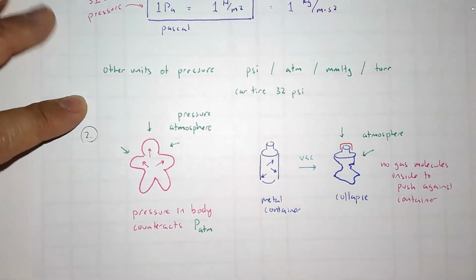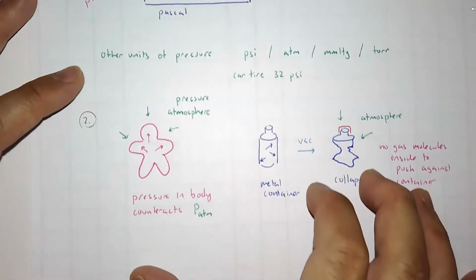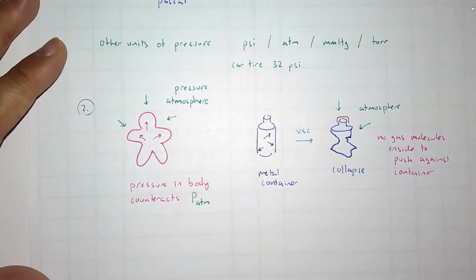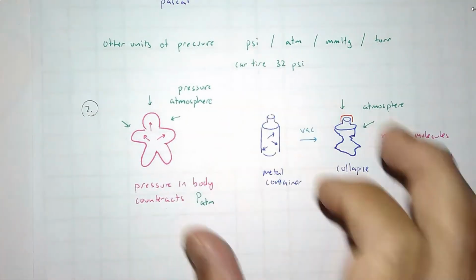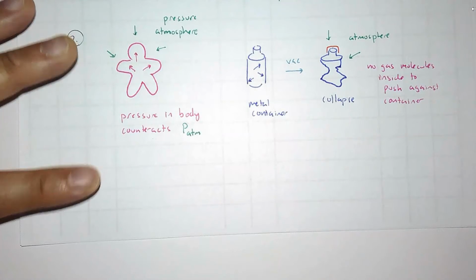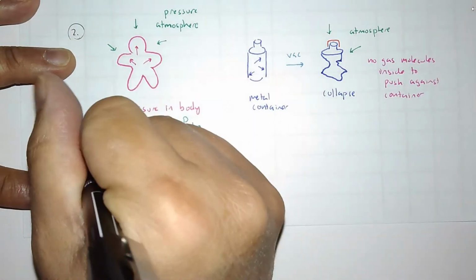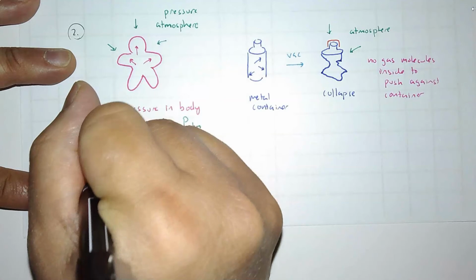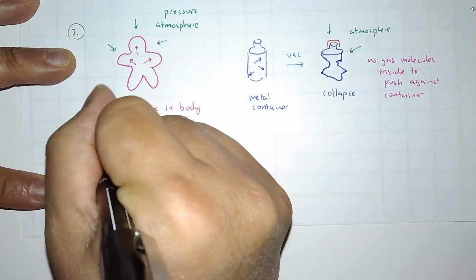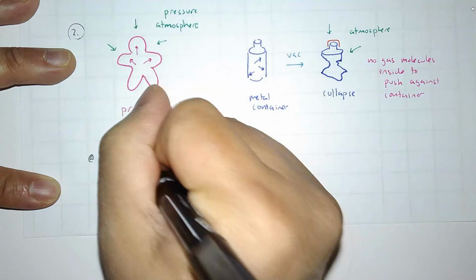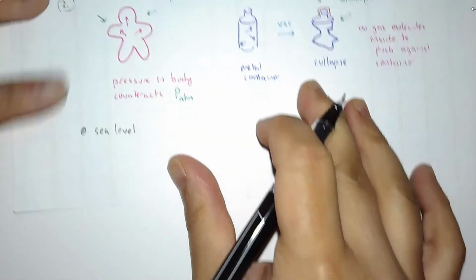Alright. Let's continue. Now let's put numbers to this pressure that is being contributed by the atmosphere all around us. The pressure at sea level. Why is that important?